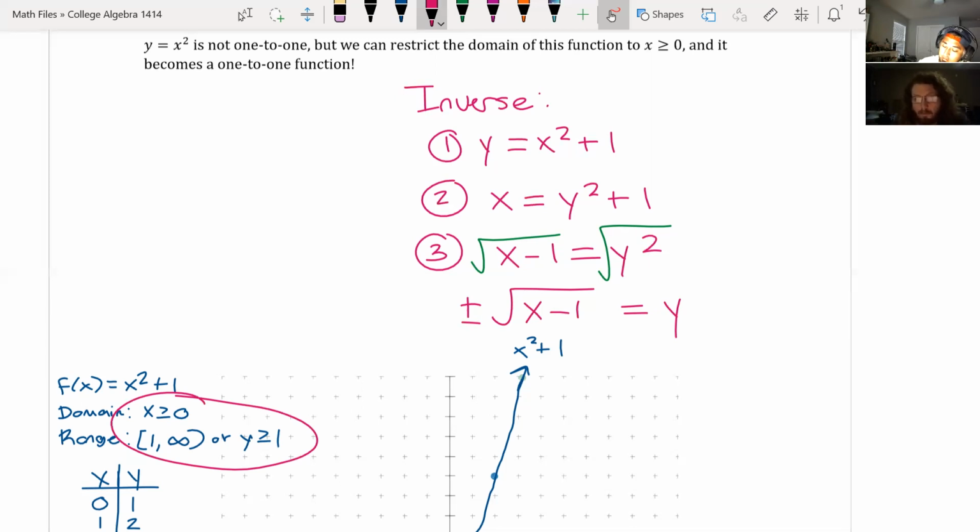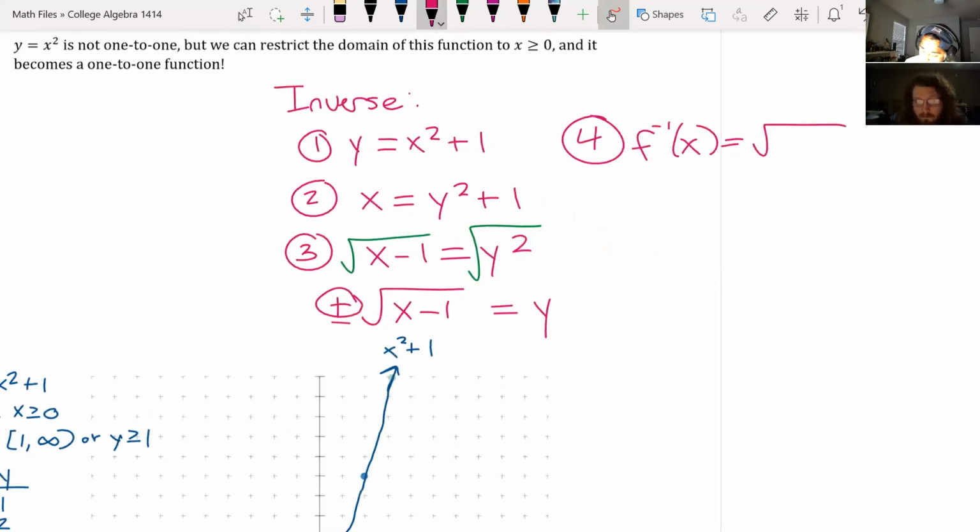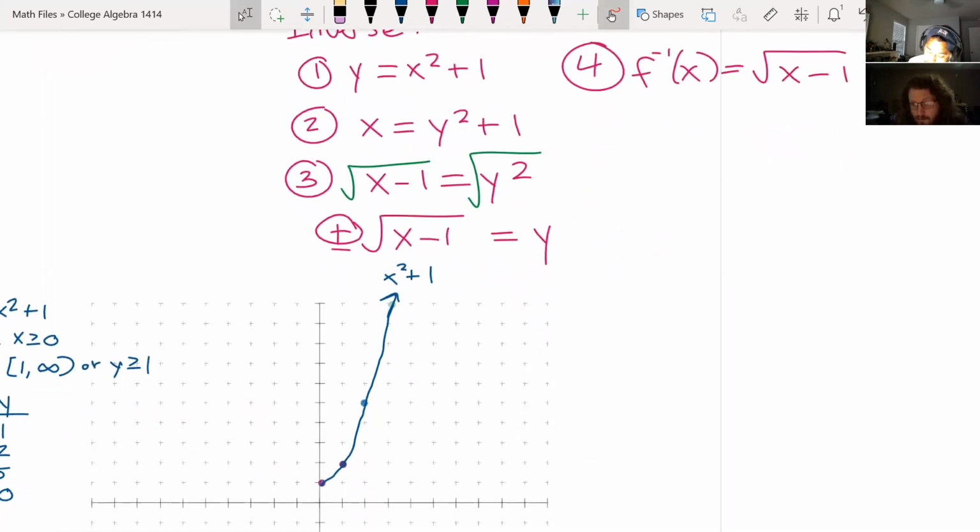All positive. So we only keep the positive one. So step 4, we have the inverse as the positive square root of x minus 1. There we go. Now let's graph it.